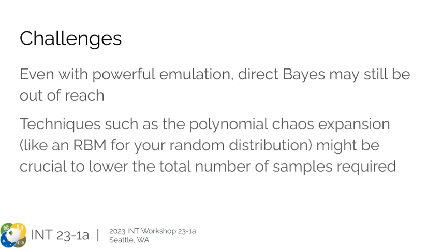So to that end, we've been working with our applied math colleagues, statisticians, to explore things like polynomial chaos expansion, which is like a reduced basis method for your random distribution. It seems promising that we can reduce the number of total samples by at least an order of magnitude, maybe two, but this is very speculative. So maybe by next workshop, we'll have something cool.